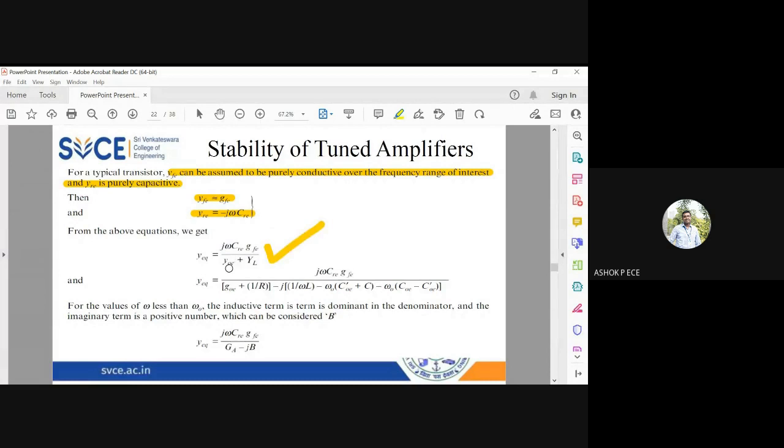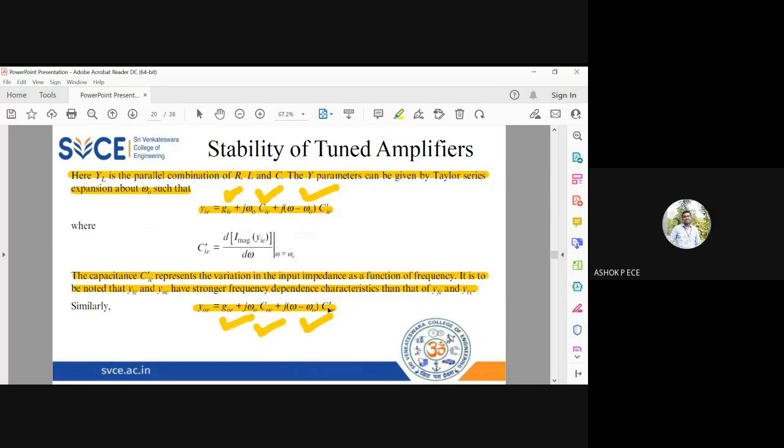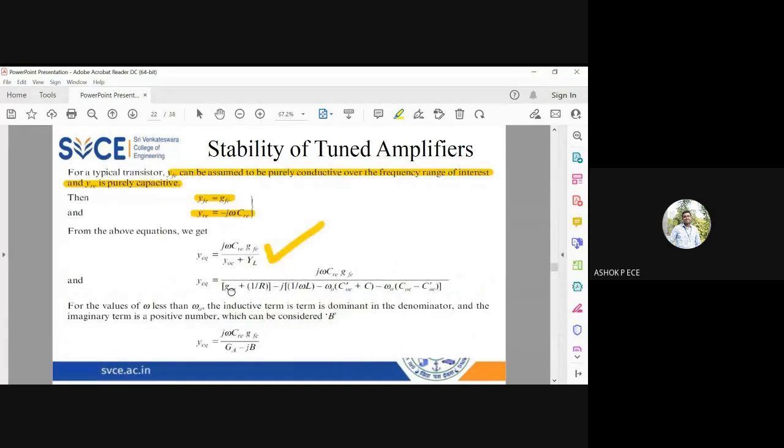And Y_L is going to be the output side load. It is going to be a parallel combination of R, L, and C. And for Y_oe, we have written the Taylor series expansion. So substitute that, and you get G_oe plus omega_0 into C plus C dash C_oe.